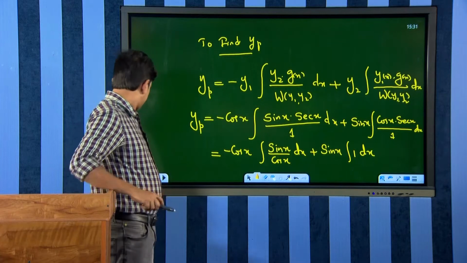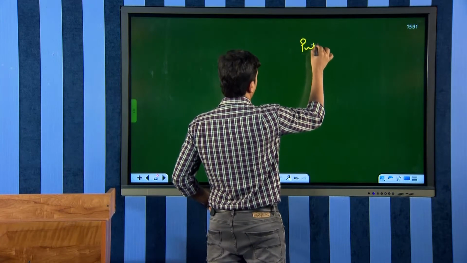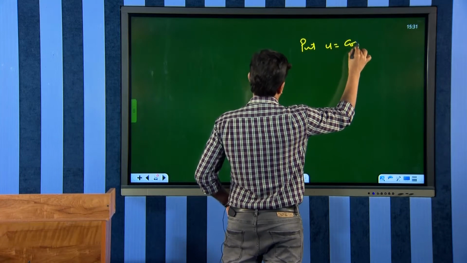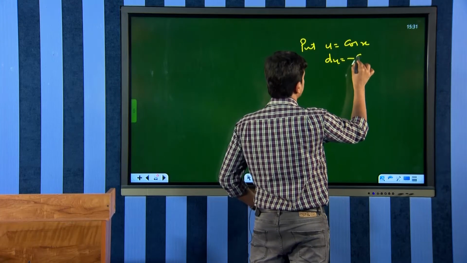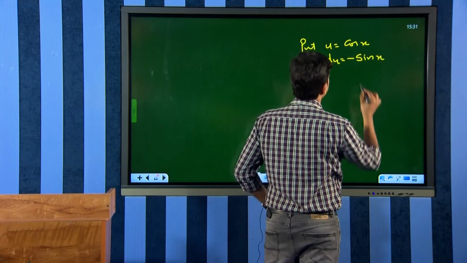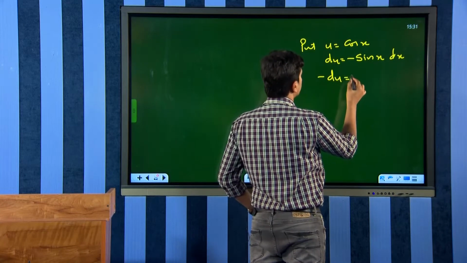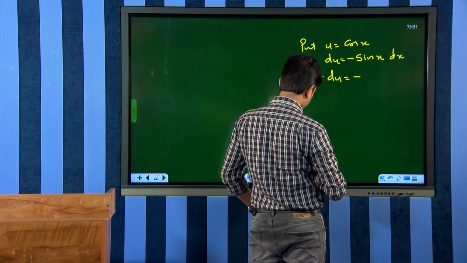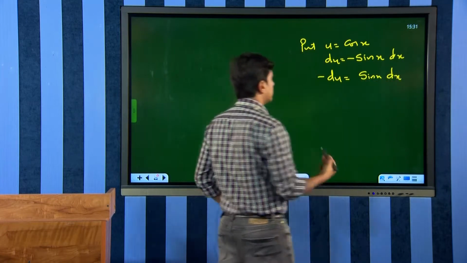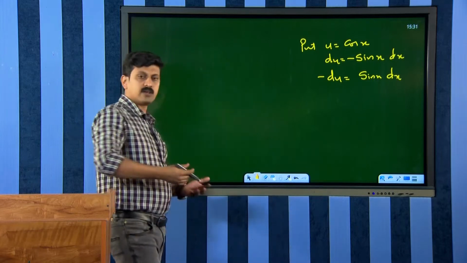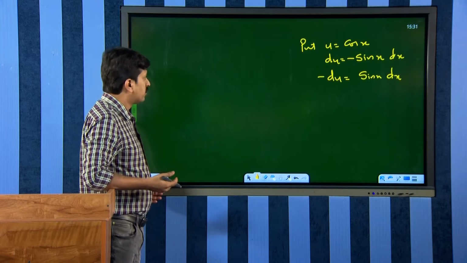Put u equal to cos x, so du is equal to minus sin x dx. Therefore minus du is equal to sin x dx. For just a substitution like this we can also do it directly, no problem.